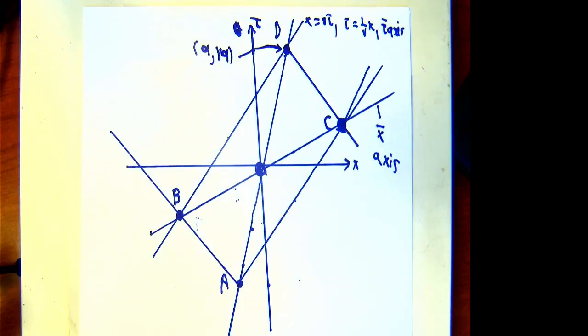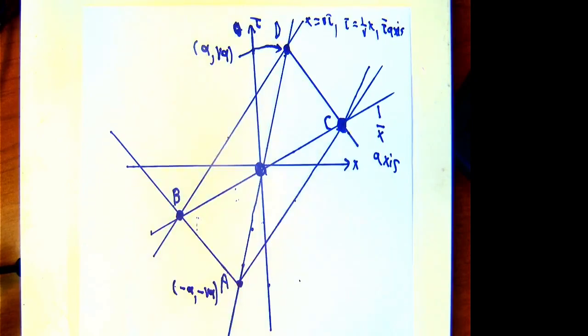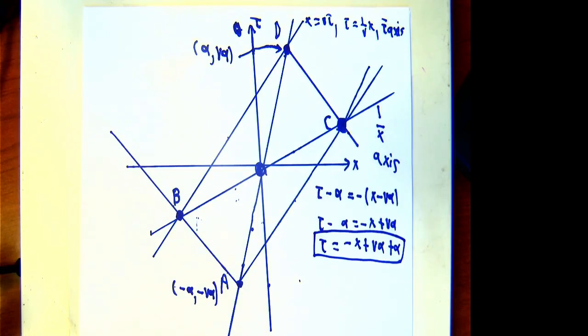Because of the whole symmetric about the origin business, the coordinates of point A in the unbarred system must be negative alpha, comma, negative v alpha. This line passes through point D and has slope -1. Doing college algebra, it's easy enough to figure out what the equation of that straight line is.